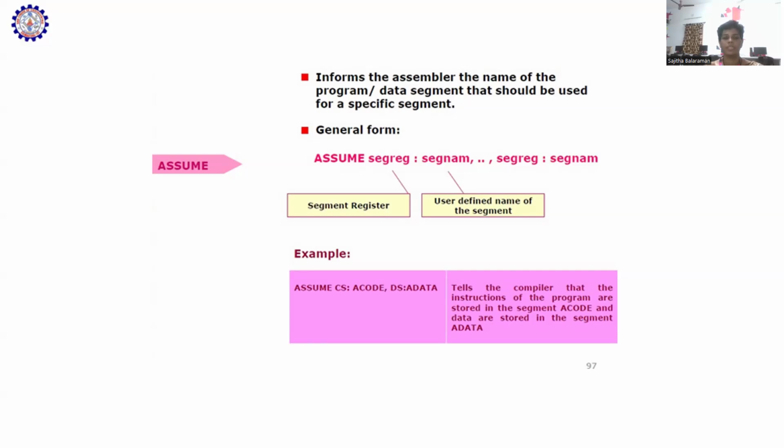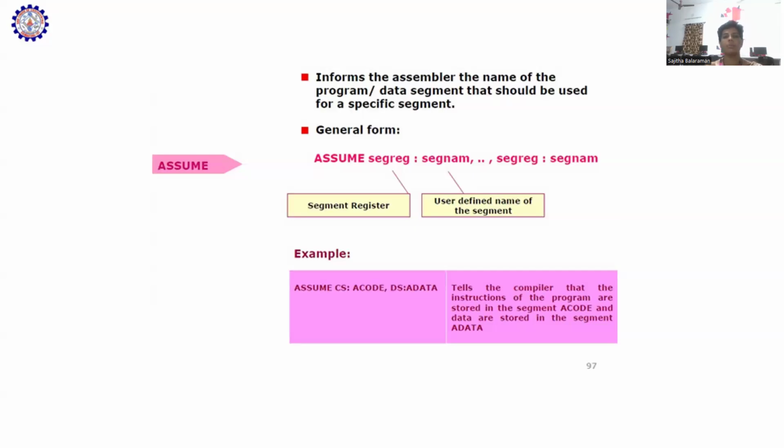The general form is ASSUME SEGREG colon SEG name, and SEGREG colon SEG name. Here, SEGREG, that is segment register, is nothing but the segment registers available in 8086, namely CS, SS, ES, DS, etc. And SEG name is the user-defined name which you have defined for the segment.